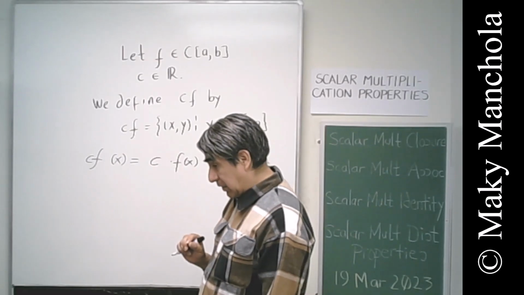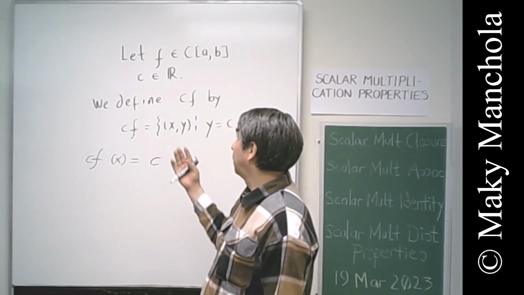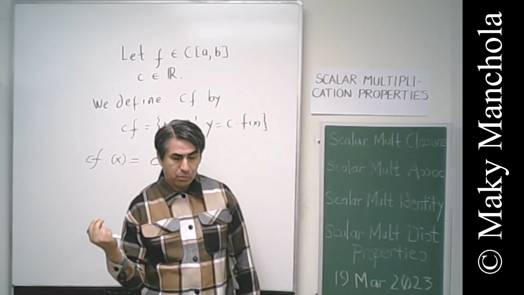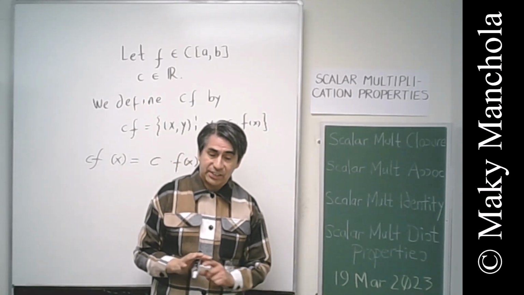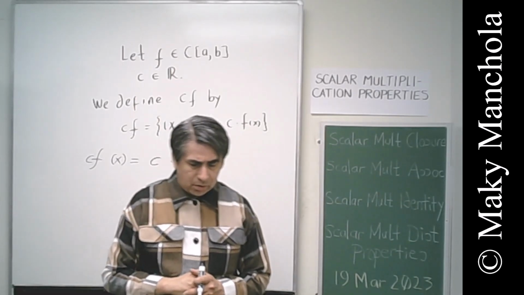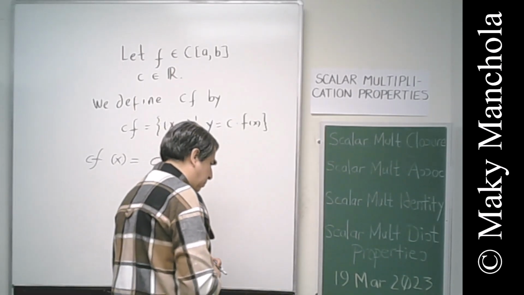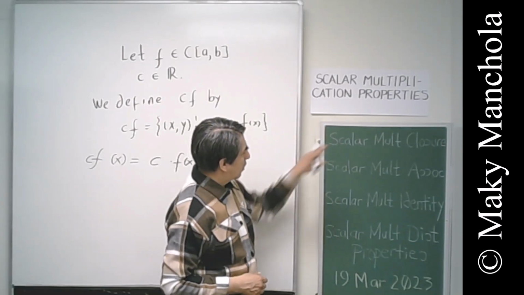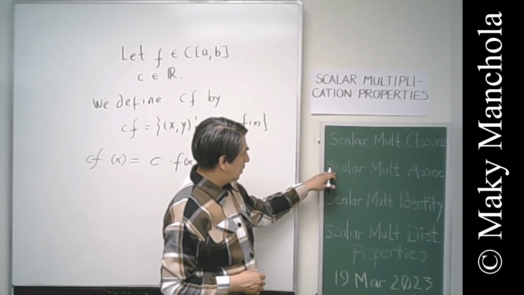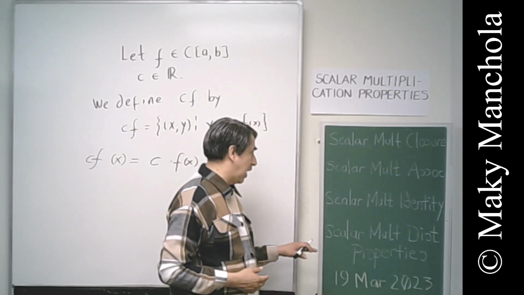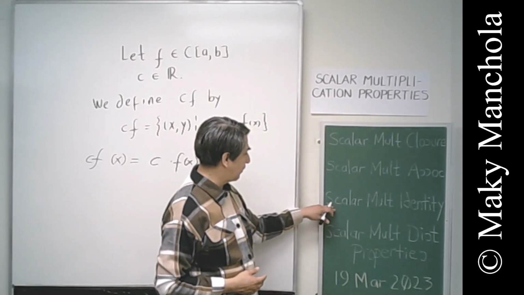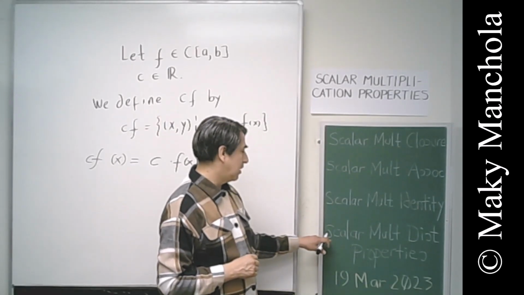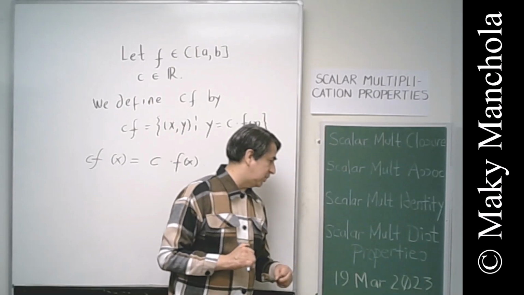This is scalar multiplication when it comes to functions. We have a function and we are multiplying it by the scalar c. Now, it obeys 5 properties: closure, scalar multiplication associativity, scalar multiplication identity, there is an identity element, and scalar multiplication distributive properties.